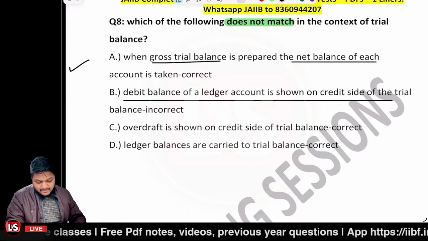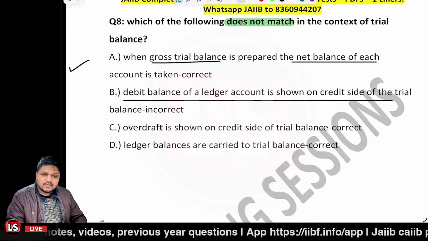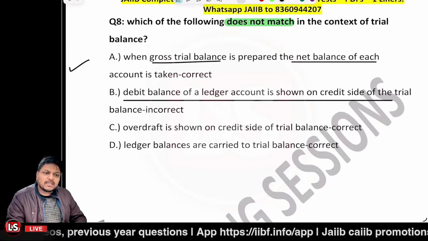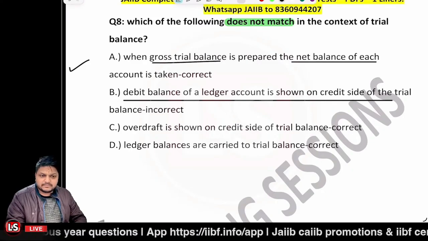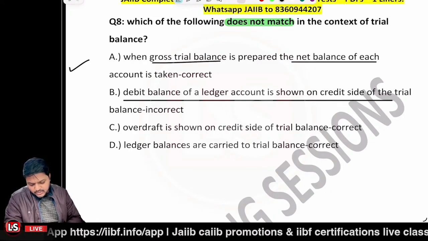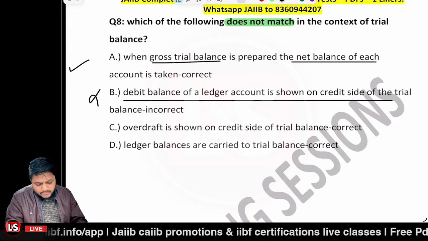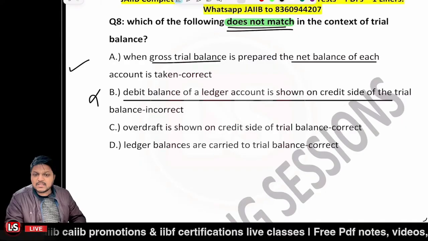It says debit balance of the ledger account. If your ledger is having the debit balance, it is showcased on the credit side? No, that's not true, and it is incorrect. So it's not going to be the answer, because we are to answer which one does not match.